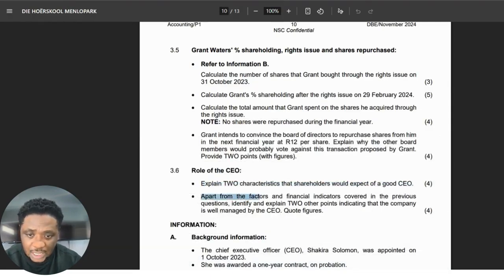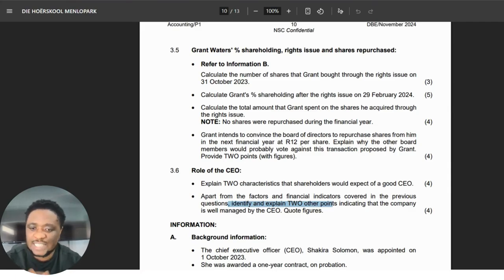All right, and then it says apart from the factors and financial indicators covered in the previous questions, identify and explain two other points indicating that the company is well managed by the CEO. We have looked at a few things already, like the earnings per share. So now we wouldn't focus too much on those.